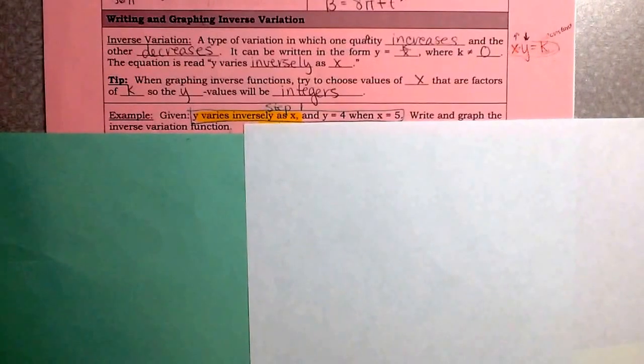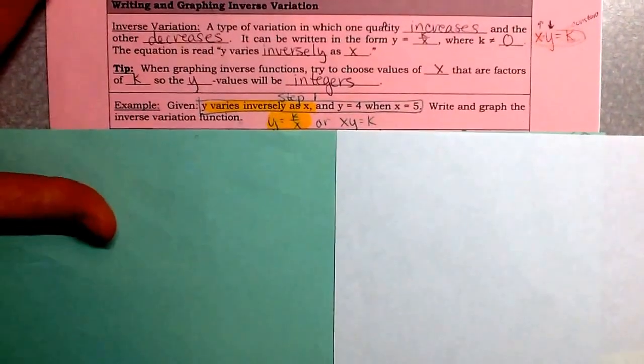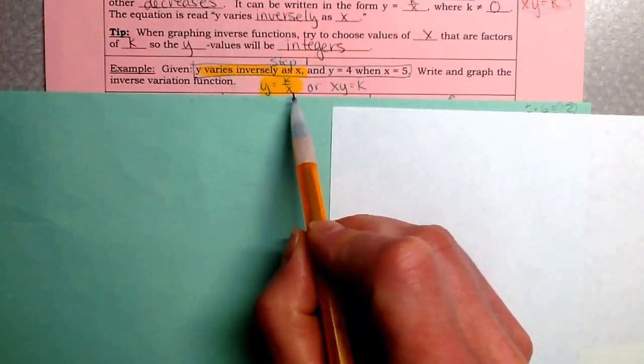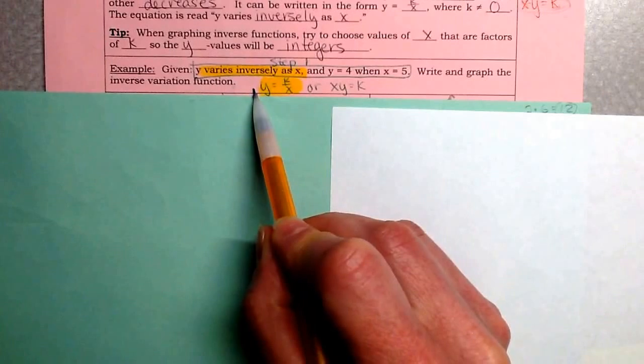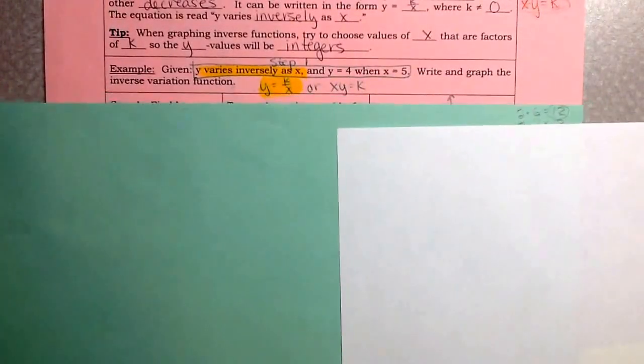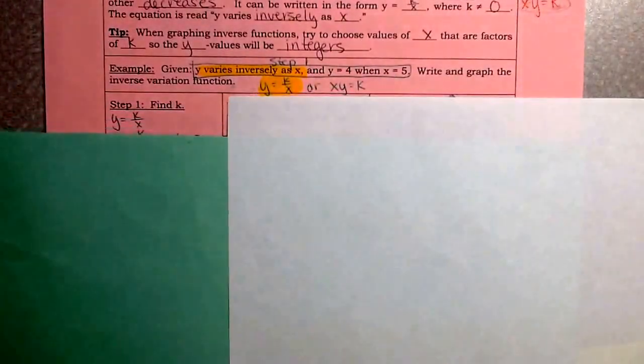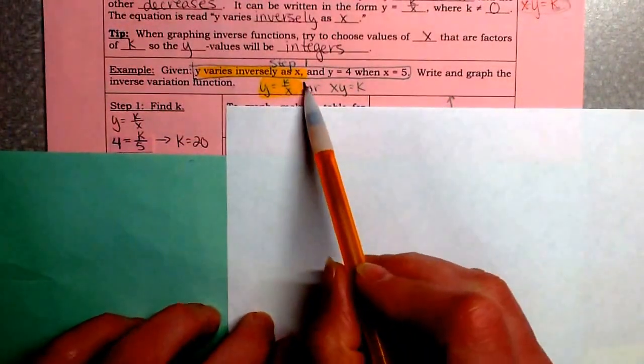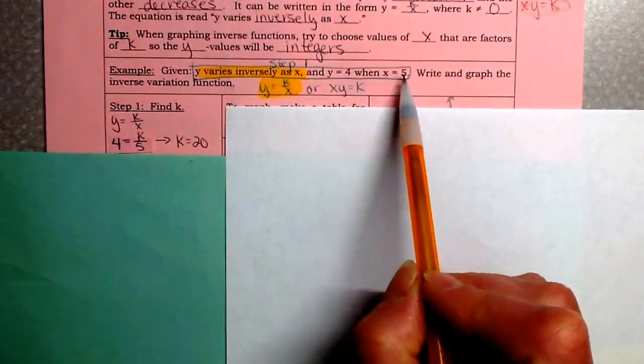Okay, now, inverse function is y equals k over x, or you can do xy equals k, which is the same thing here, because if you multiply both sides by x, you're going to get xy equals k. All right, step number 1, y equals k over x. The information that we have is y equals 4 and x equals 5.